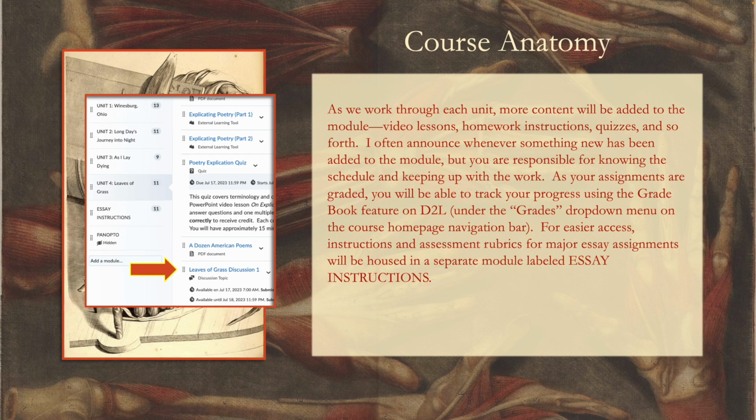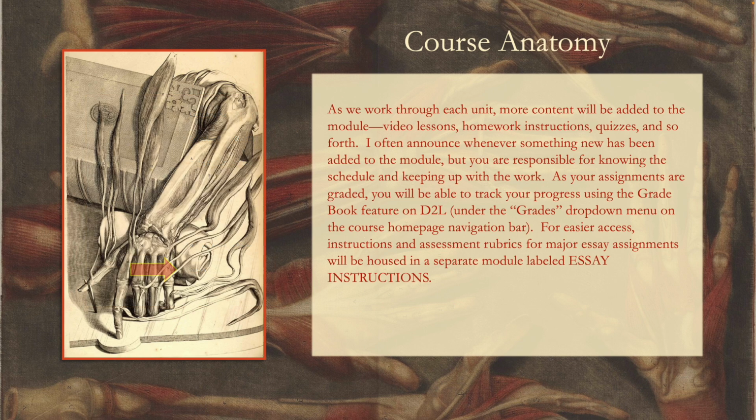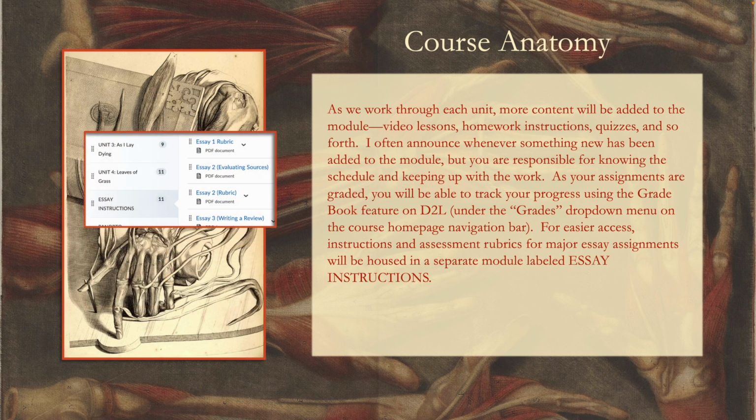There's a discussion assignment in there, and I will call them discussions. And then here's the essay instructions module. And as you can see, I have the Essay 2 assignment, the Essay 2 grading rubric in there, just to make it easy to find the instructions for the essays and the assessment rubrics for those assignments.